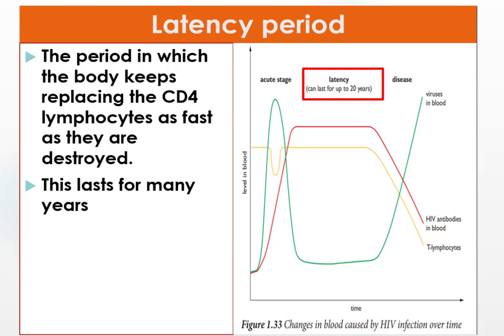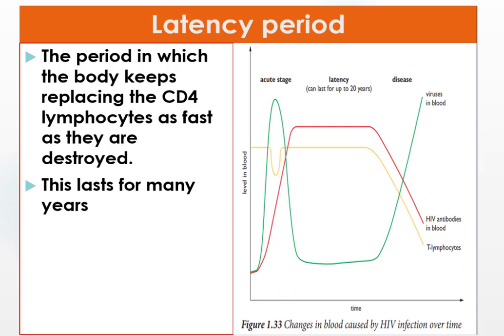The cycle of infection, reproduction, and destruction of infected cells repeats itself for as long as the body can keep replacing CD4 lymphocytes. Eventually, the body will not be able to replace these cells, and the number of free viruses in the blood will increase dramatically.